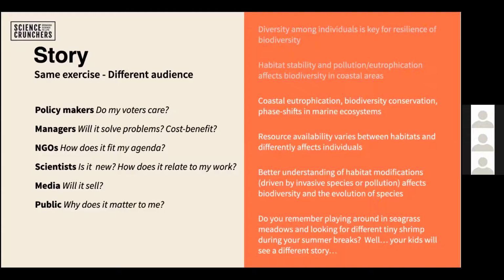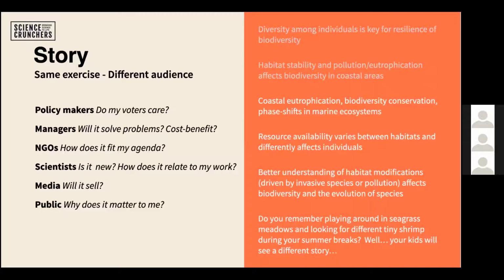For instance, we could say that coastal eutrophication, biodiversity conservation, and phase shifts in marine ecosystems would be topics relevant for NGOs. Well, for scientists, maybe we can tune up a little bit the way we are talking about this in terms of resource availability, variation between habitats, individual differences, etc.